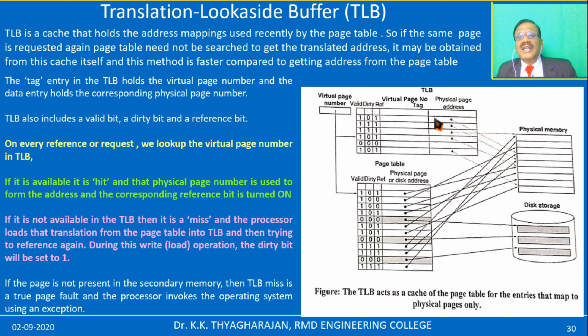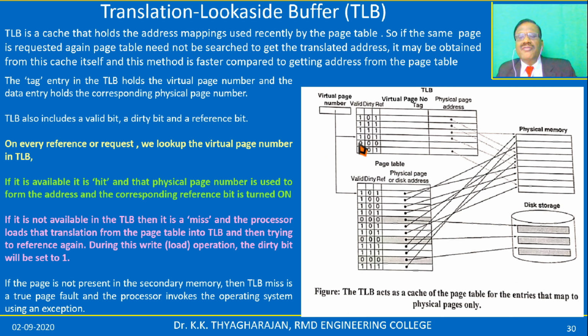So we will get the physical address from this TLB and the data will be loaded to the corresponding page in the physical memory. If it is not available, then it is a miss. If it is available, the reference bit will be set to 1. The valid bit will also be 1. If it is not available, then the valid bit will be 0.